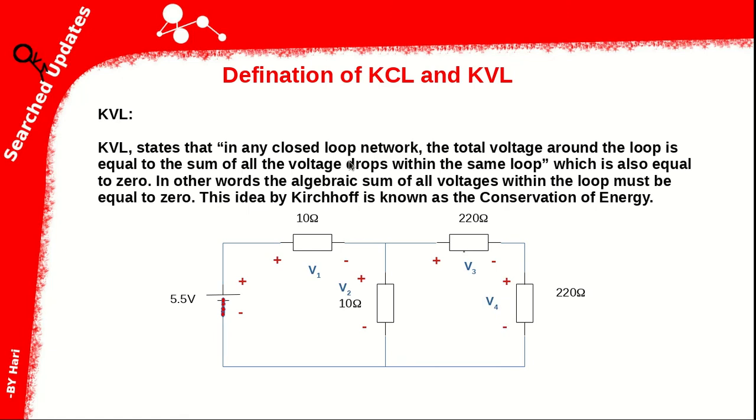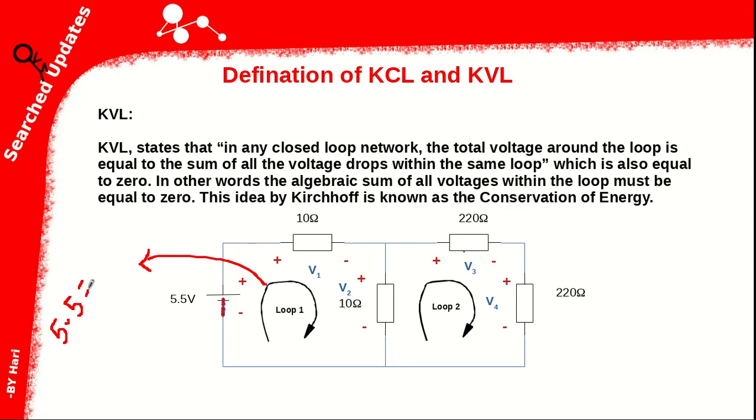By definition, we need to consider a closed loop. Here there are two closed loops. If there are n number of loops, then we need to find n number of KVL equations. Yes, there are two loops, so we need to find two KVL equations. Now first we consider the first loop. By definition, the total voltage around the loop, here 5.5 volt, is equal to the sum of the voltage drops within the loop.